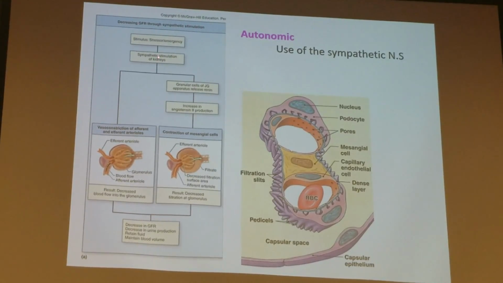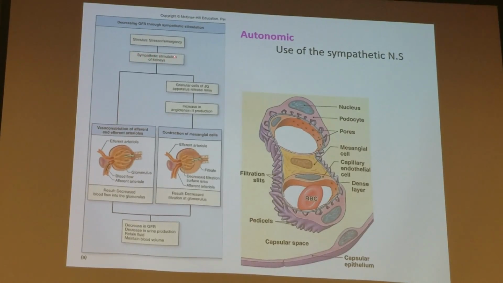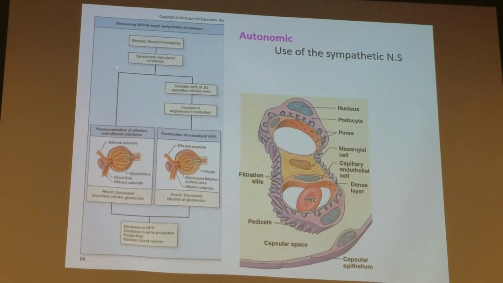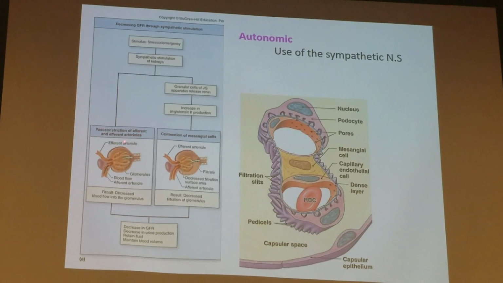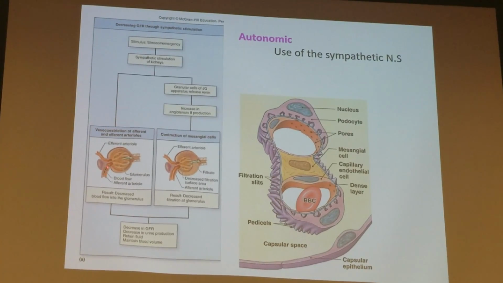And how do we do that? Well, sympathetic stimulation of the kidneys leads to vasoconstriction of the afferent arteriole and of the efferent. If we have a more constricted arteriole, less blood can come in, that lowers the pressure, and that lowers GFR.